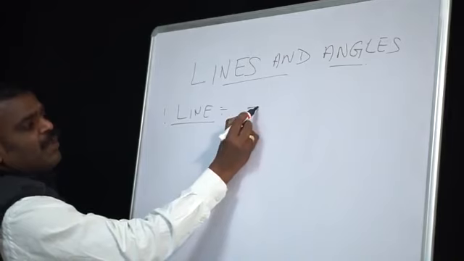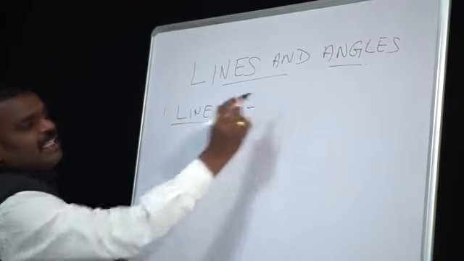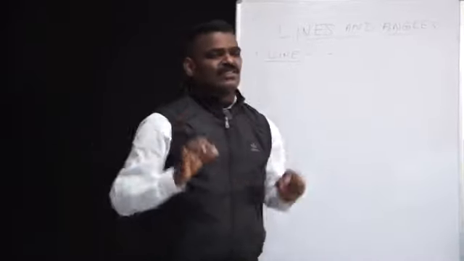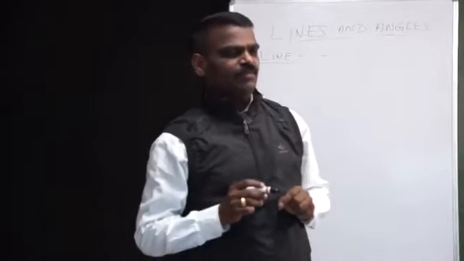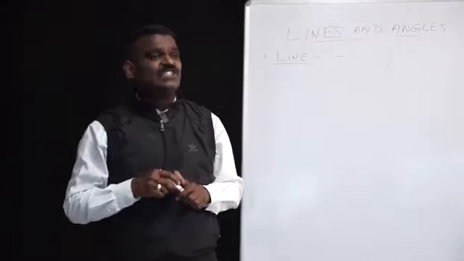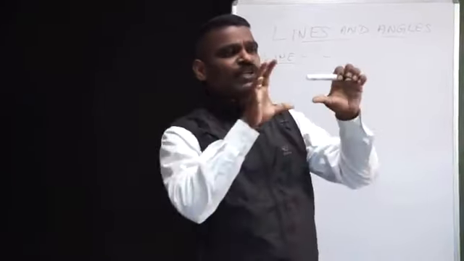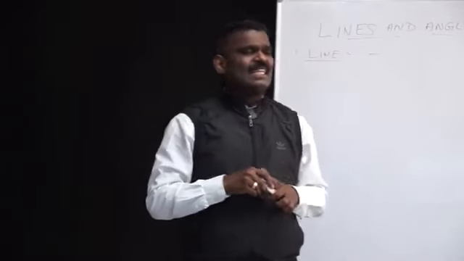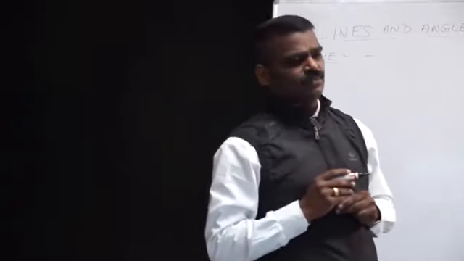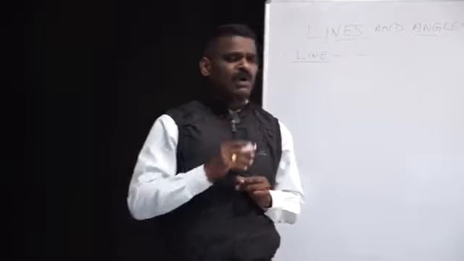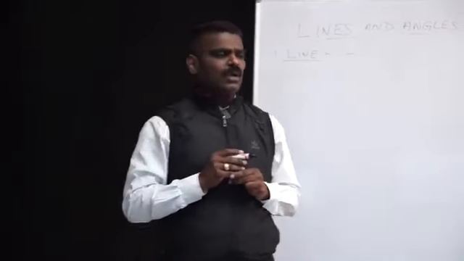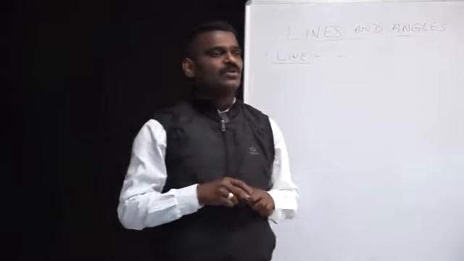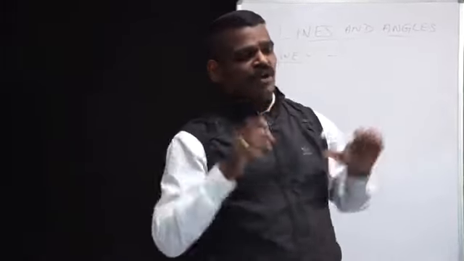Point, point, point, point, point, point. When I put them together, they form something like a line. So line is a collection of points which are arranged in a particular order.